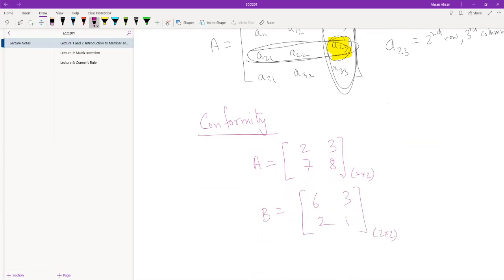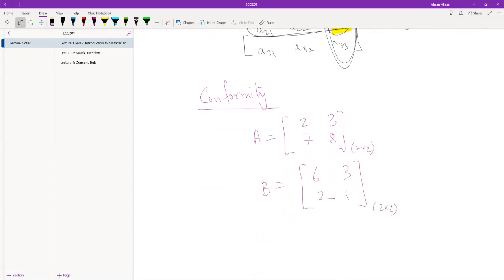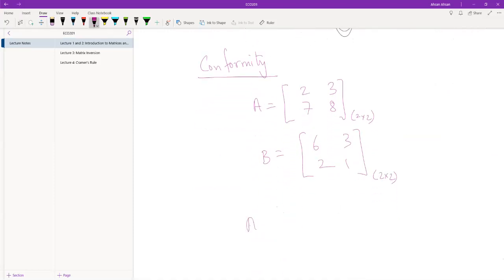Now suppose we want to multiply these two matrices. So we want to find A times B. So let's write that down. 2, 3, 7, 8 multiplied by 6, 3, 2, 1. And so this is a 2 by 2 matrix.